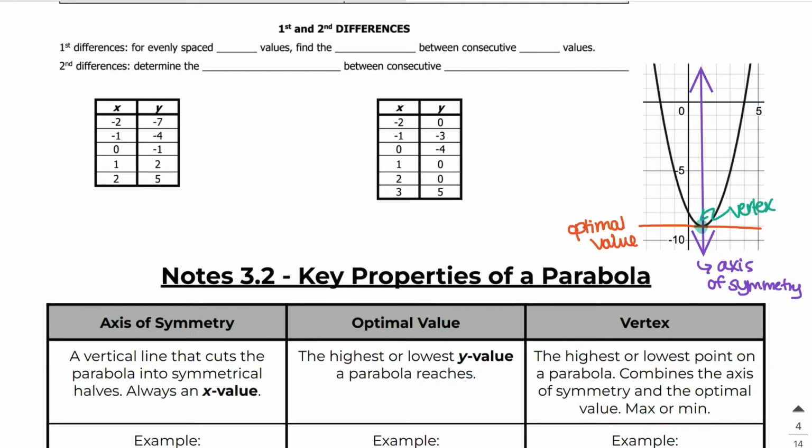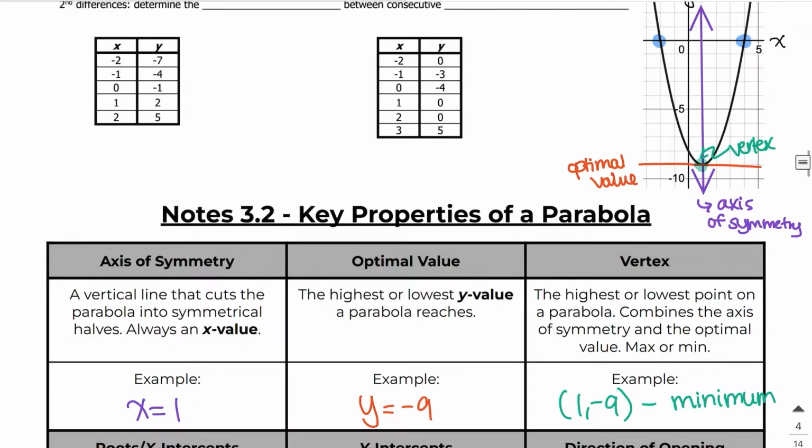So in this example here, my 2 roots would be at these 2 points right here. This is where it hits this x-axis right here. Here's my x-axis, here's my y-axis. So I can see here that it hits the x-axis at -2 and at +4. So we can call these right here your roots or your x-intercepts.